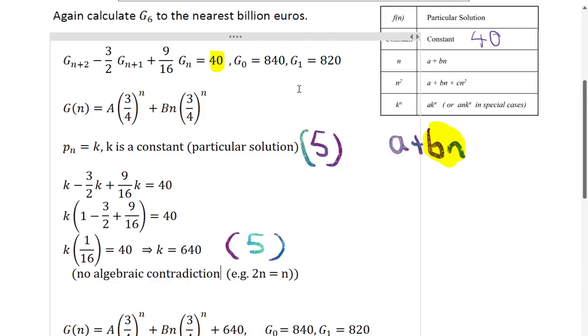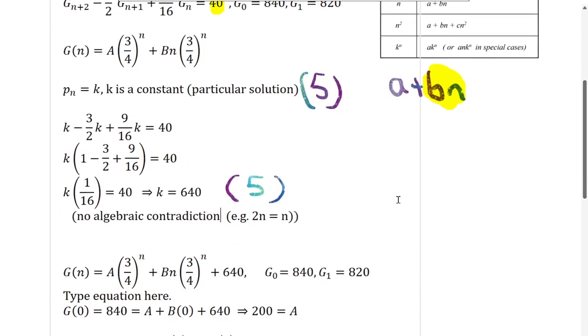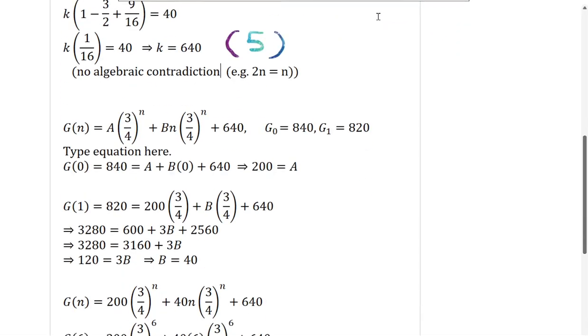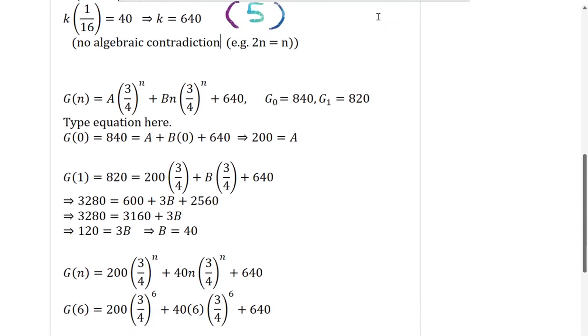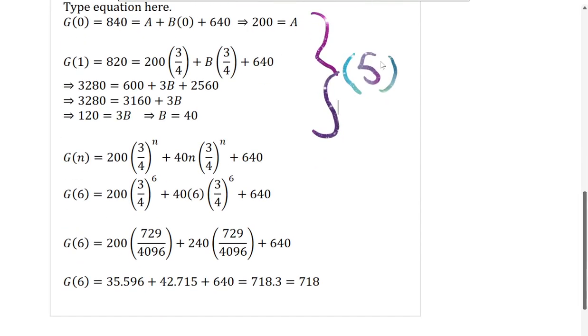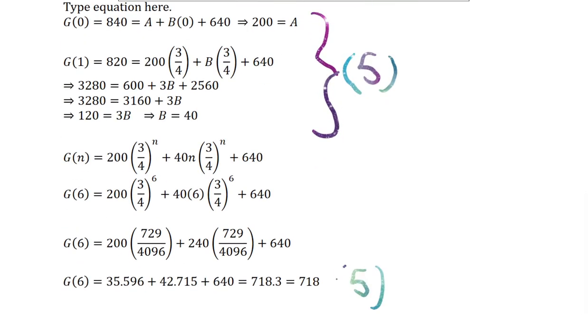You've got 10 out of the 20, so you've already got 50%, and we haven't done anything yet, really. The next 5 marks is got for getting our A and B in this case. So getting our 40 and our 200 is 5 marks. And then finally putting everything in here and getting this answer is 5 marks.